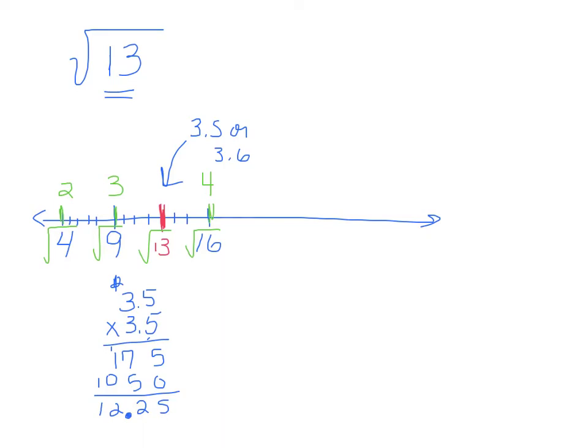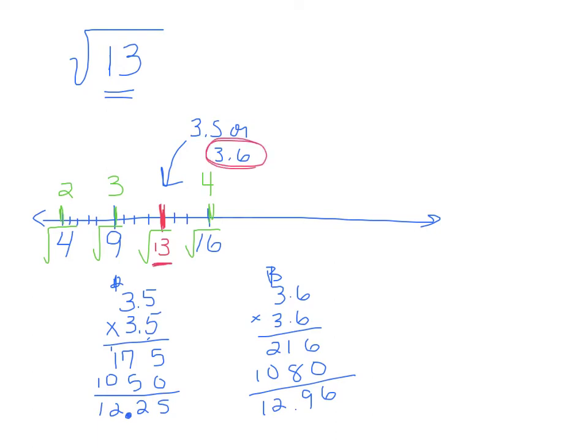Okay. Let's try 3.6 times 3.6 to see if I can get any closer to 13. So if I multiply these, I get 12.96, even closer to 13. Remember that 13 is my goal when I multiply these.